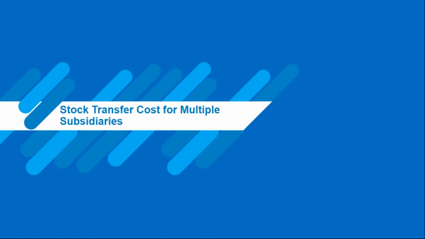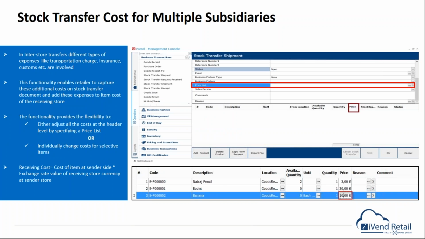Lastly, what I would like to talk about is the stock transfer cost for multiple subsidiaries. As we know, long back we introduced the concept of multi-subsidiaries in iVend, but there was always a question about the peculiarity which a subsidiary environment brings in case of store-to-store transfers.